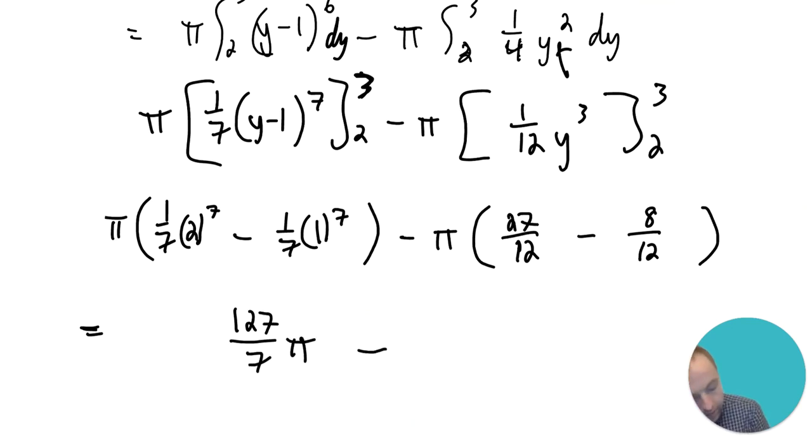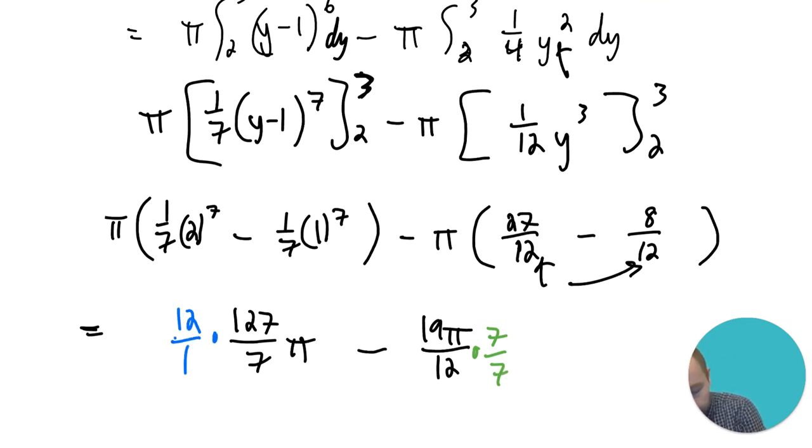Pi. And then 27 twelfths minus 8 twelfths, they both have a common denominator of 12. So you just subtract 27 and 8, which would be 19. So 19 pi over 12. And then you also get a common denominator there. So multiply this one by 7 over 7, this one by 12 over 12.